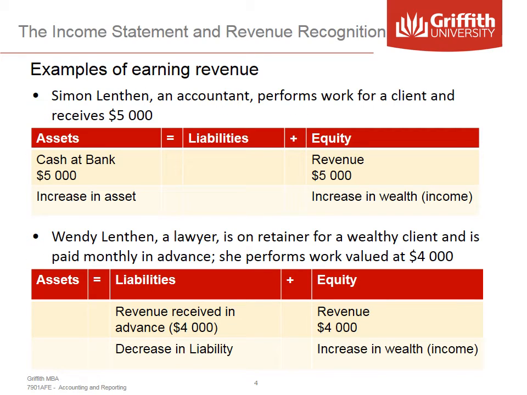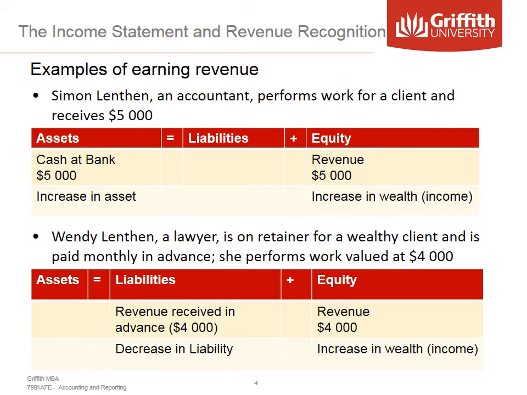Here's an example about the earning process, earning revenue. And there are two examples here. The first one, Simon Lengthen is an accountant. He performs work for a client and the client pays him $5,000. Now look what happens in the dual system in our accounting equation. The asset cash increases when the money is received, and to balance that out we have to increase something else in the system.